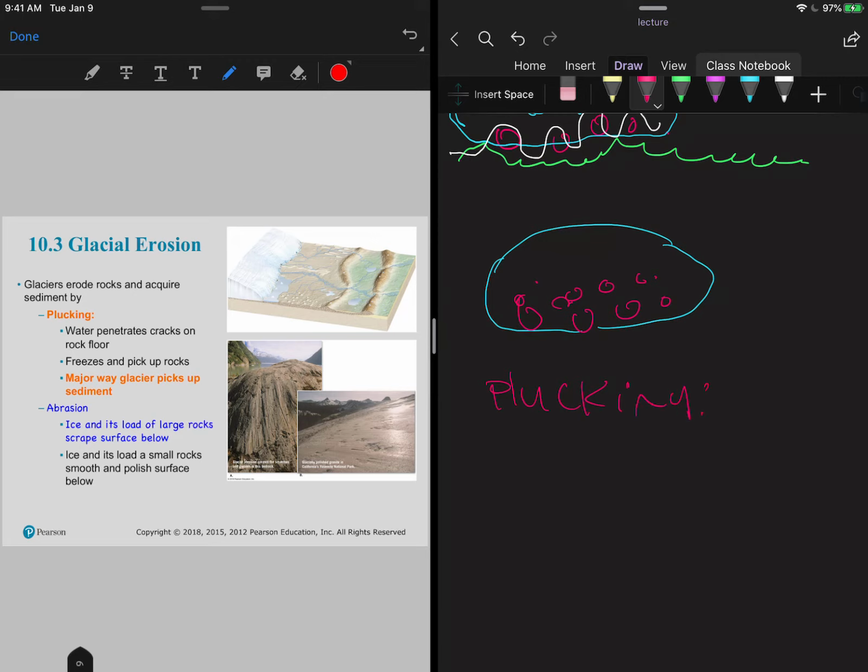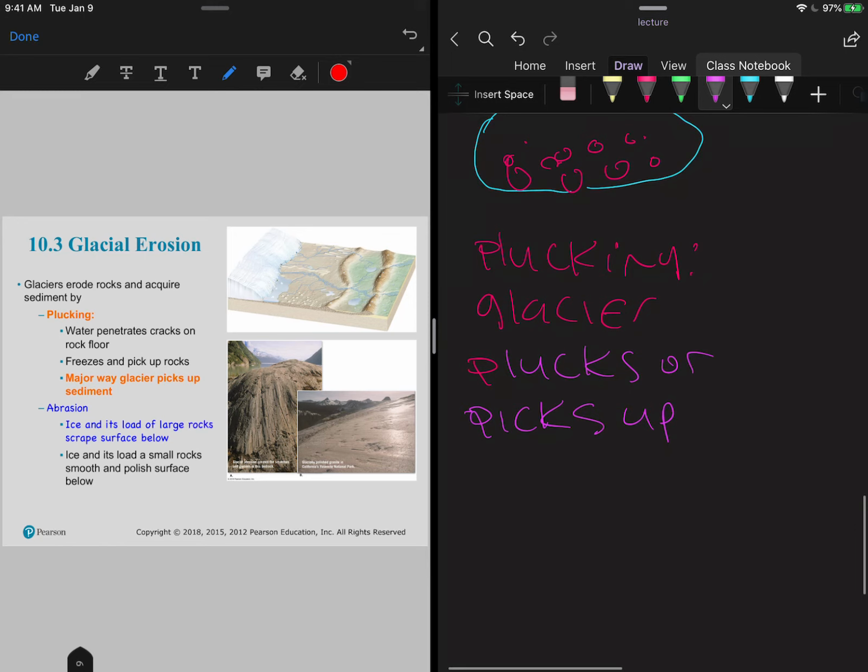So plucking means that the glacier picks up or plucks up loose pieces of rubble into itself. So the glacier plucks, or picks up, loose pieces of rubble, boulder size loose pieces, so we'll say boulders.